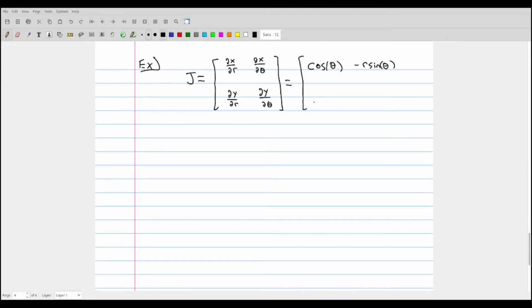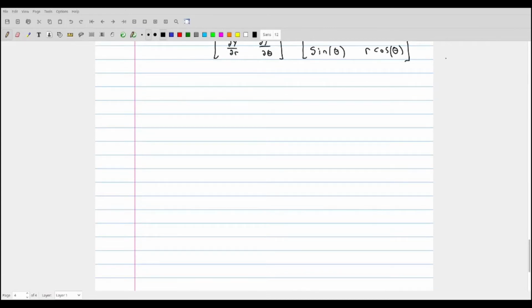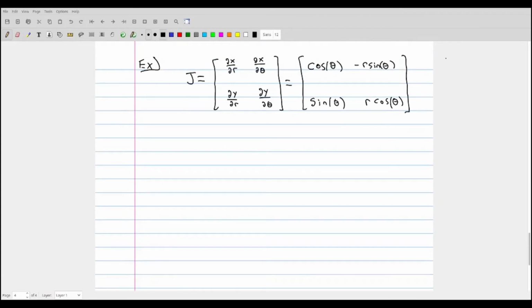The partial derivative of y with respect to r is going to be sine theta. And the partial derivative of y with respect to theta is going to be r cosine theta. So therefore, the determinant of this can be calculated relatively quickly.